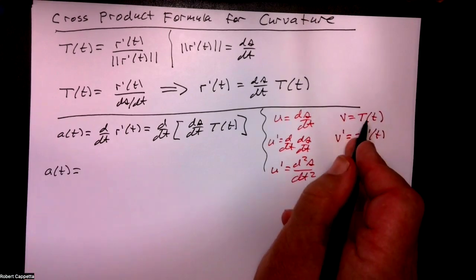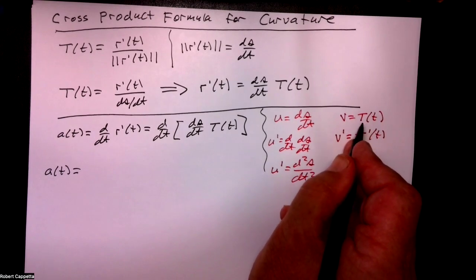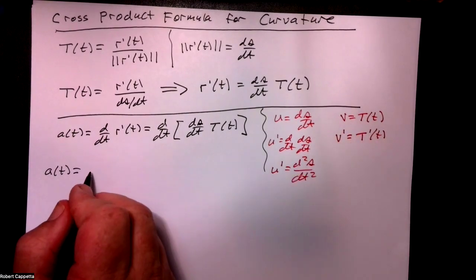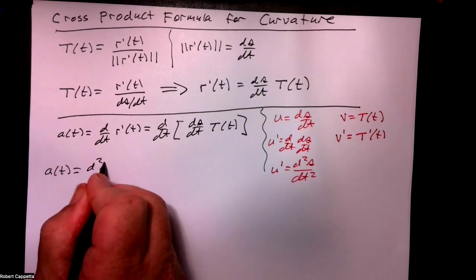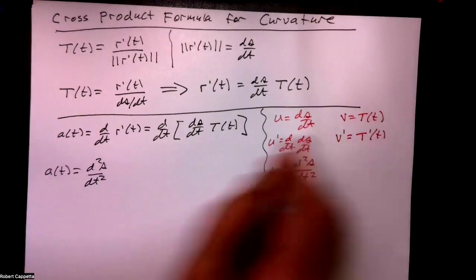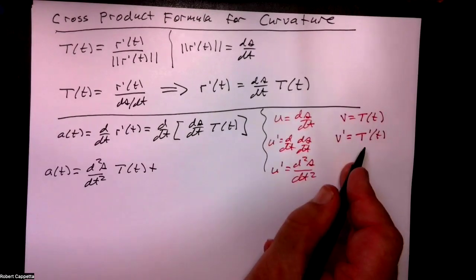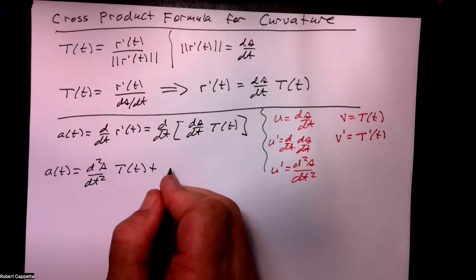It's u prime v, so d2s/dt squared times T of t, plus u v prime, plus ds/dt times T prime of t.